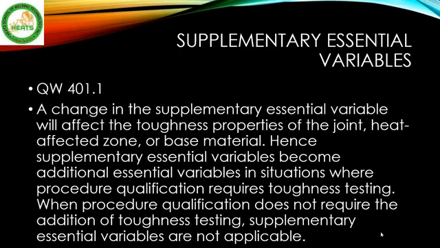Hence, supplementary essential variables become additional essential variables in situations where procedure qualification requires toughness testing. When the procedure qualification does not require toughness testing, supplementary essential variables are not really applicable. So that is the supplementary essential variable.